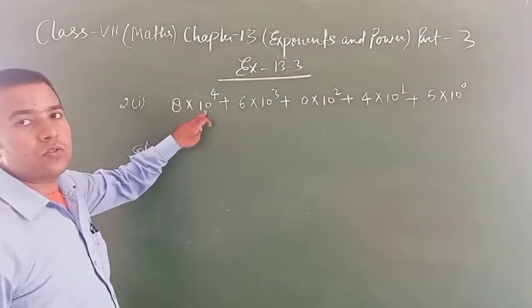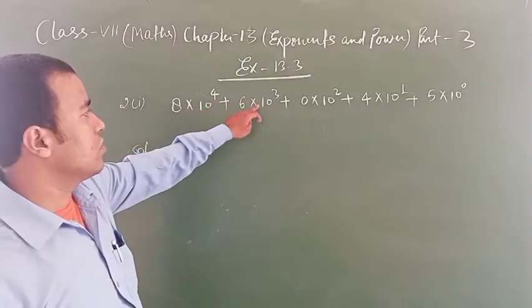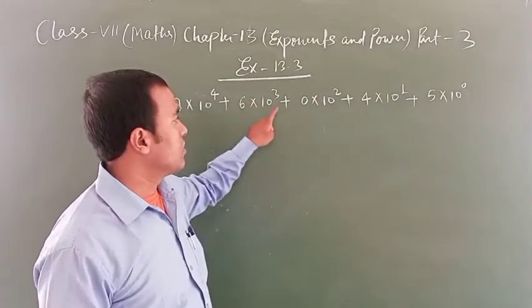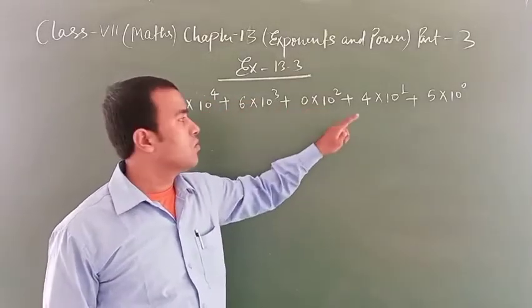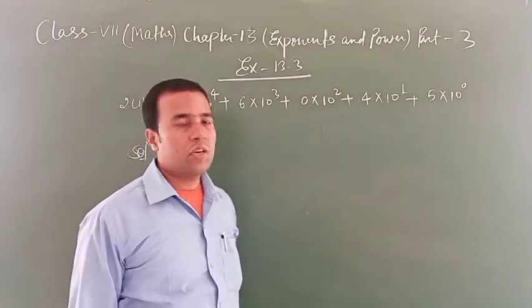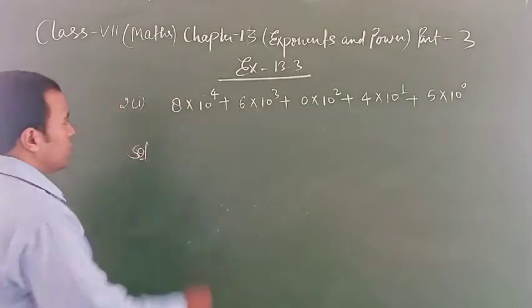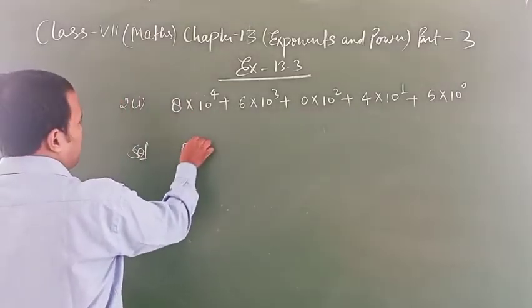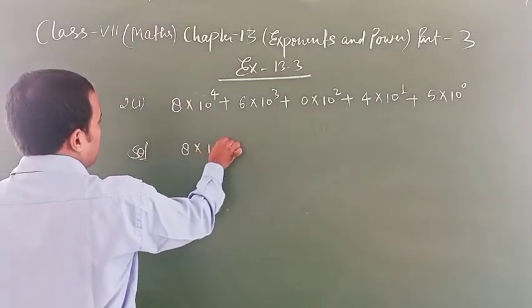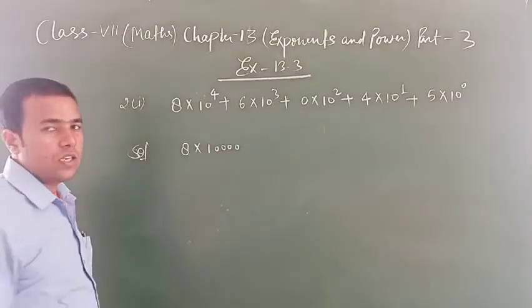8 into 10 to the power 4 plus 6 into 10 to the power 3 plus 0 into 10 to the power 2 plus 4 into 10 to the power 1 plus 5 into 10 to the power 0. Clear? So 8 into 10 to the power 4 means 80,000.